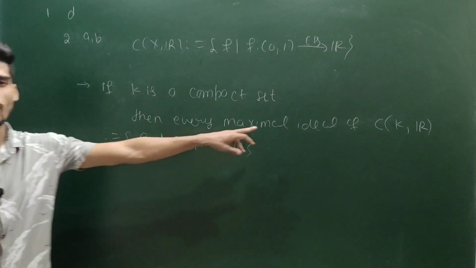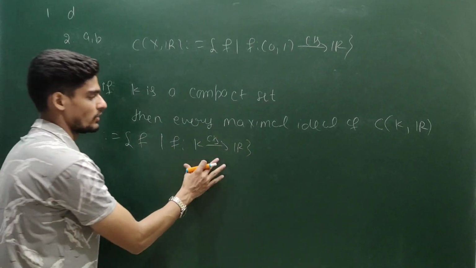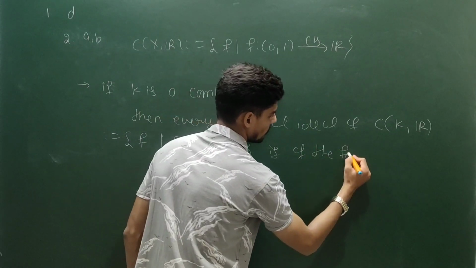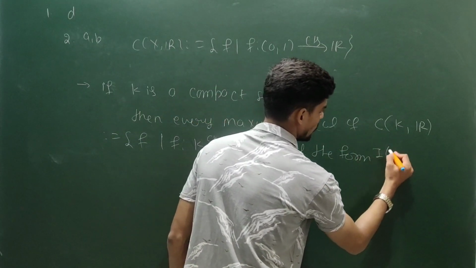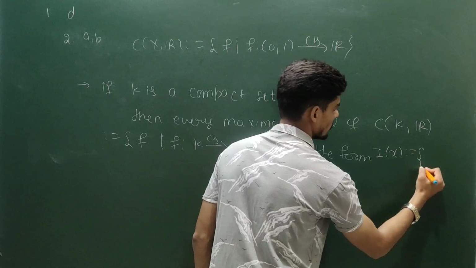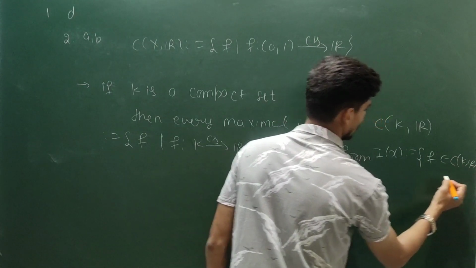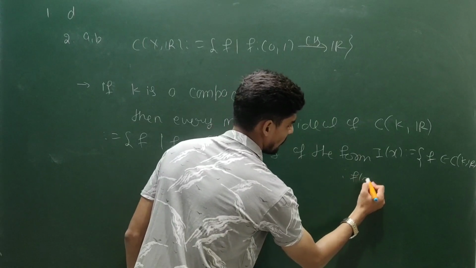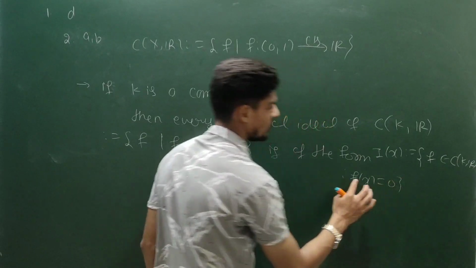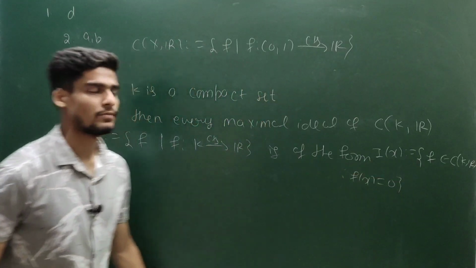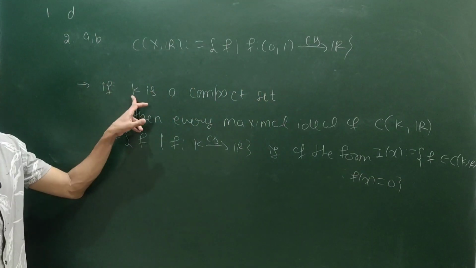So if your K is a compact set, then every maximal ideal of this is of the form I of x, where I of x is the collection of all functions from C(K, R) such that f at x equals 0. Here this x is a fixed element of this K. So this is true whenever you have a compact set.